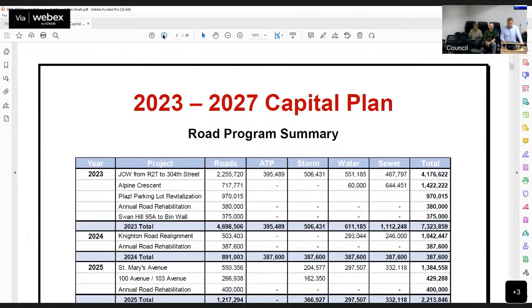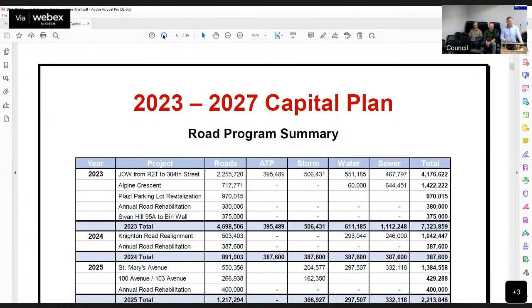Just about all of these have underground infrastructure associated with them as well. You'll see that there's an annual road rehabilitation budget that starts out at $380,000 in 2023, and operations is ramping that up a little bit each year.